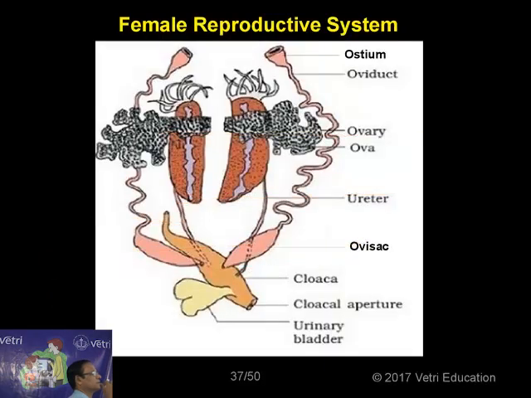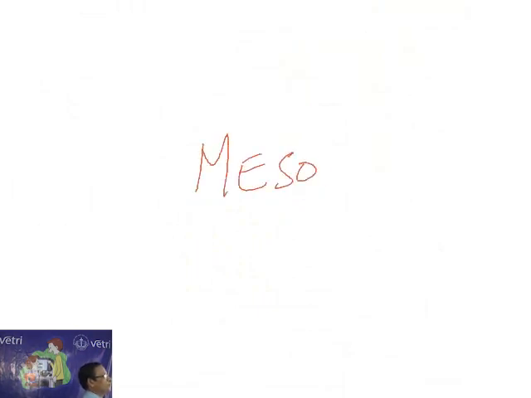Now here is the structure. This is what we call the ovaries. They are found attached to the kidney by means of another peritoneal fold. The testes are connected to the kidney by means of what is called the mesorchium. The ovaries are connected to the kidneys by another peritoneal fold, called the mesovarium.